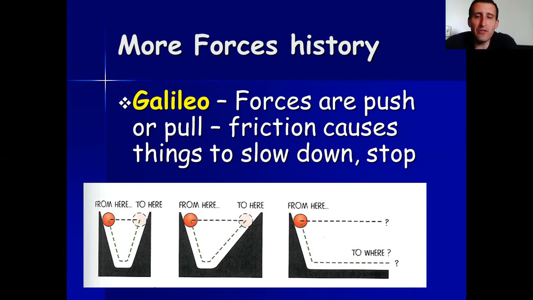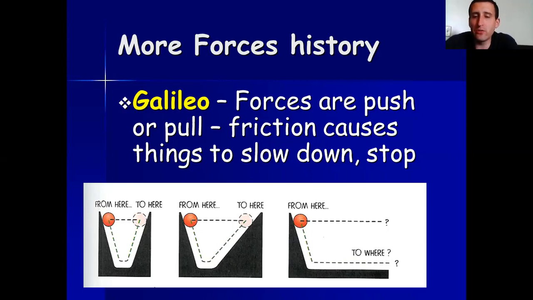He found that if he changed the steepness of the sides, that didn't really affect it. The ball would still roll almost back up to the same height. And the smoother he made the bowl and the smoother he made the ball, the better it would get at getting back to the original height. So then he theorized, well, what would happen if I roll the ball down the first hill and I have a really wide bottom of the bowl before it gets to the other side?